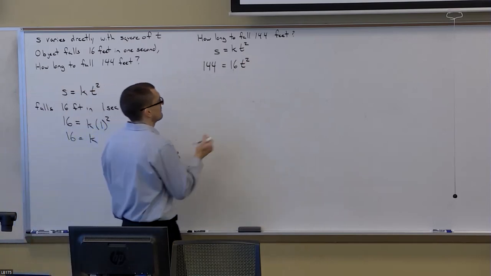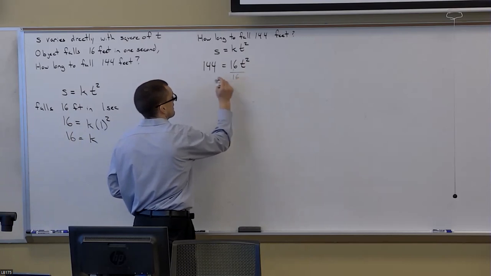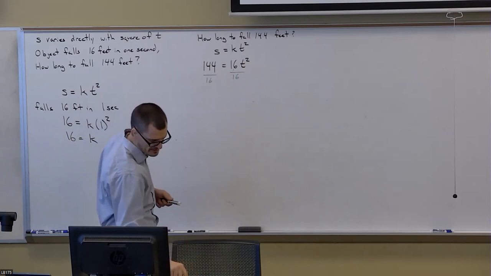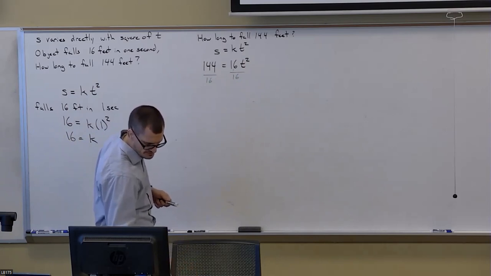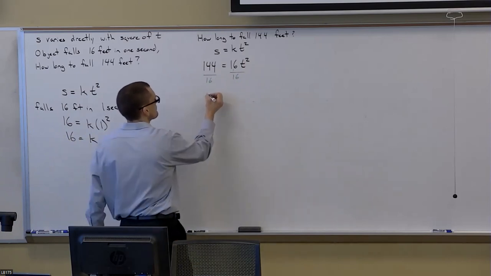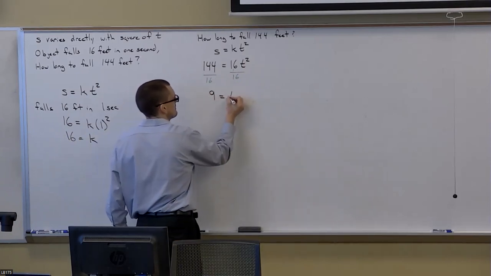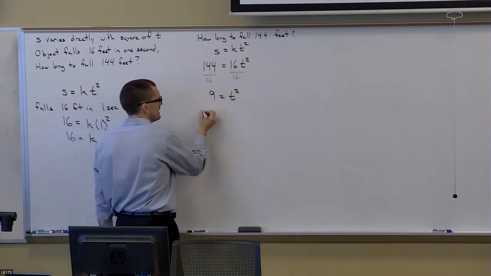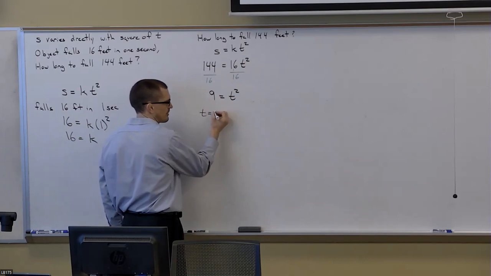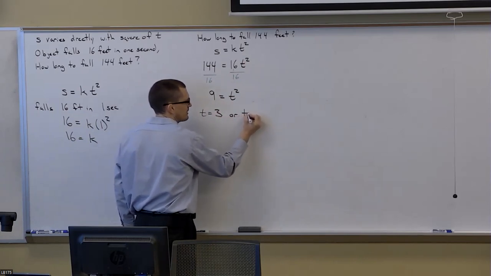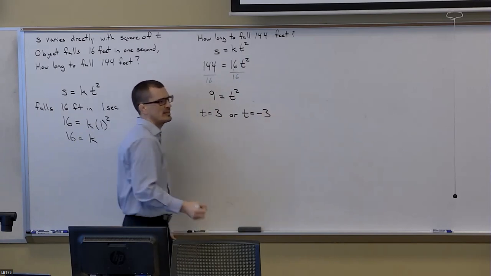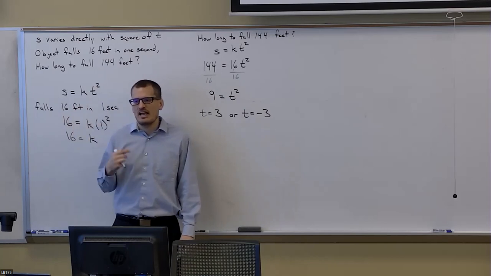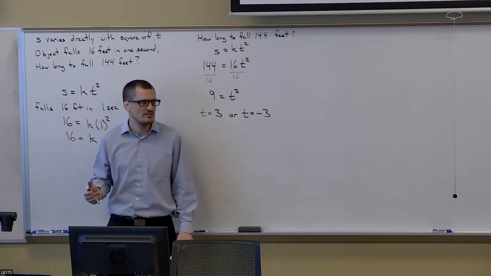This is a pretty straightforward solving of a quadratic. 144 divided by 16 is 9. Now, if we were actually solving the quadratic, T could either be the positive square root of 9, or T could be the negative square root of 9. In this instance, having a negative time doesn't make any sense.